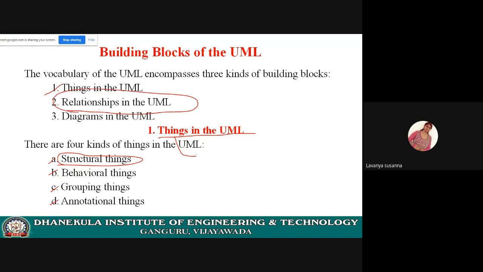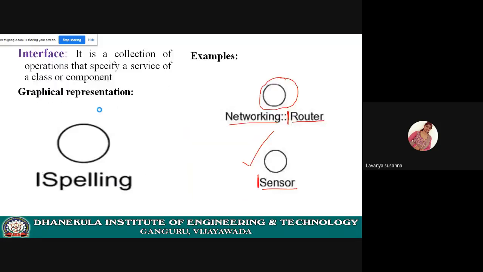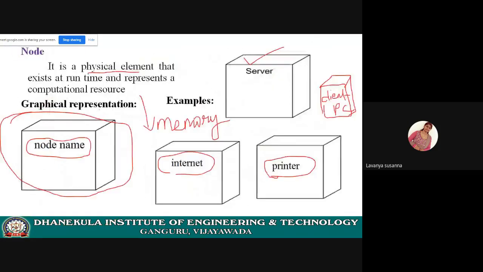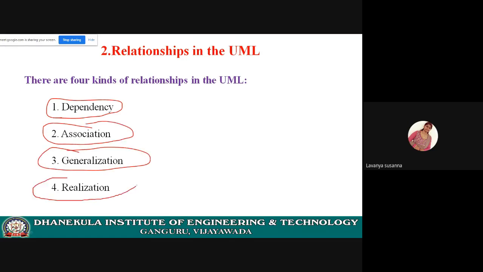Already you know this. In the second unit we have completed the relationships between the classes. Relationships in UML: dependency relationship, association relationship, generalization relationship, realization relationship.